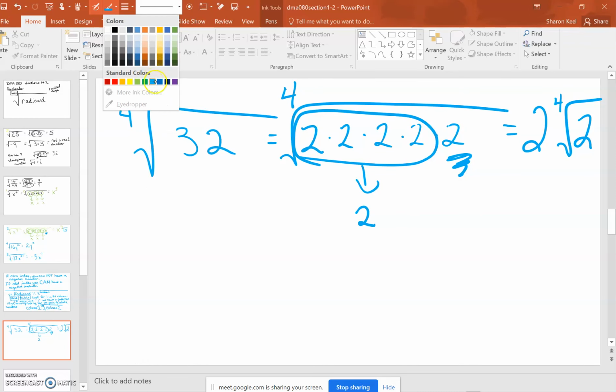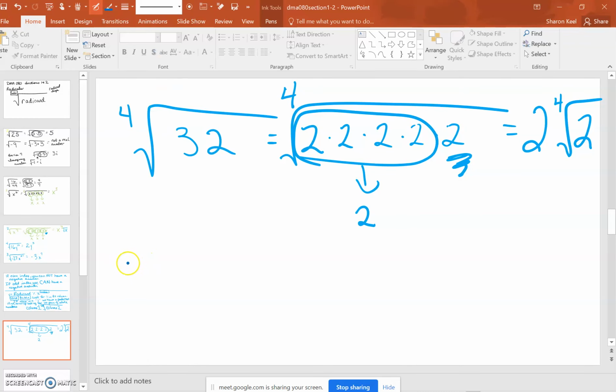Let's say, for example, we had the cubed root of 375.